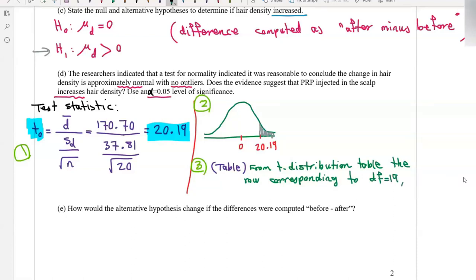And also we had 20.19. This was in the body of the table. So this 20.19 falls beyond the number that we had on the table, which was 3.883.